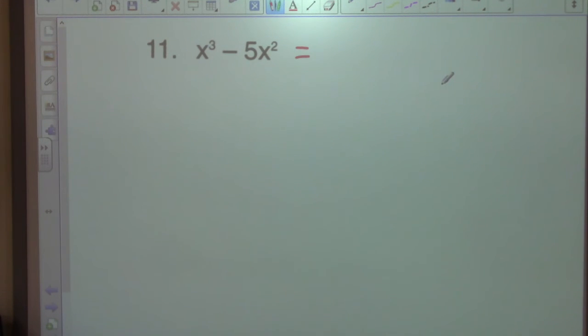Okay, so the common factor between the two is, well, there's no common factor, it's just the 5. The first one doesn't have the number. So it's x, then parentheses, then x squared, and then minus 5x. That's 5x.